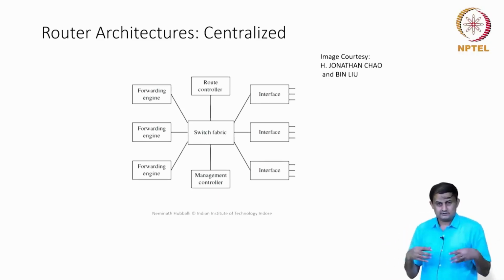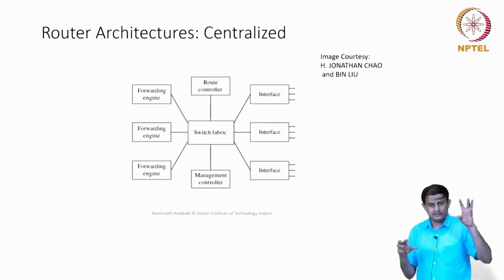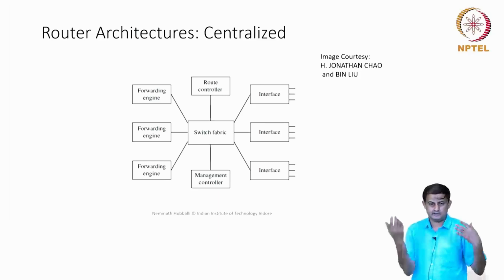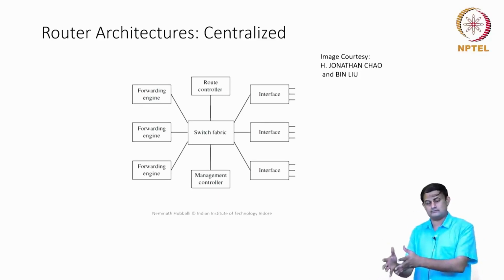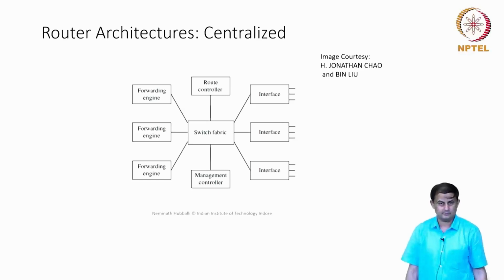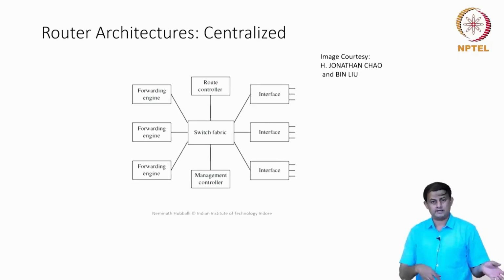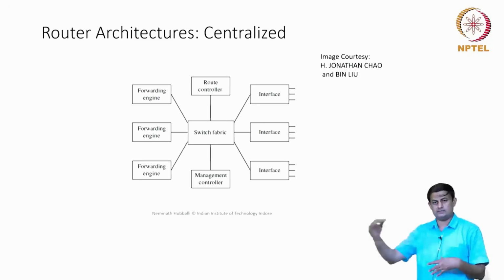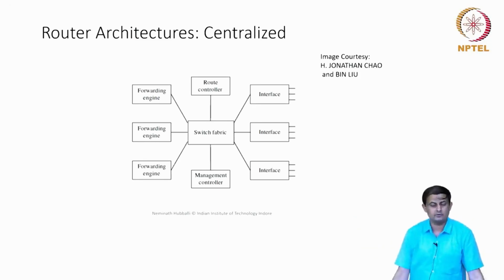So is it that I take the routing table and keep it in one place, and every time I receive a packet on any port I go to that routing table and then do the forwarding decisions? Or are there multiple instances of the routing table itself, so I can make an independent decision? If I am a line card and I receive a packet, then I can quickly consult a local copy and do the forwarding decision quickly.